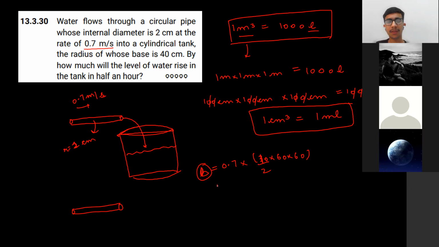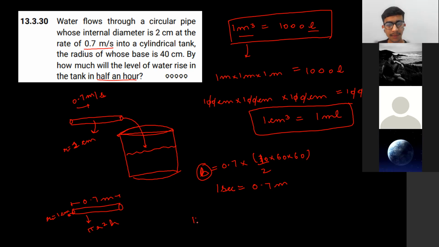See, actually what we are doing is that in 1 second how much amount of water flows? It's 0.7 meters. So in 1 second 0.7 meter of water flows, and this particular radius, we know that it is 1 centimeter. So you can calculate the volume from here. That means pi r square h. So this volume is the amount of water flowing through the pipe in 1 second. Now we need to calculate that amount of volume which flows through the pipe in half an hour.